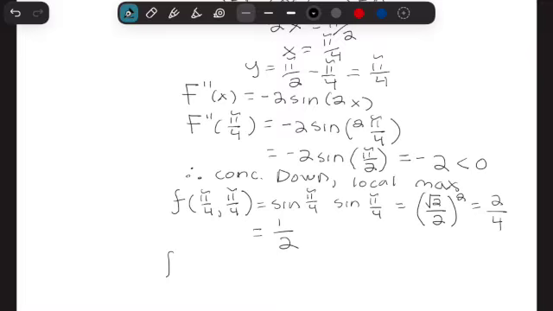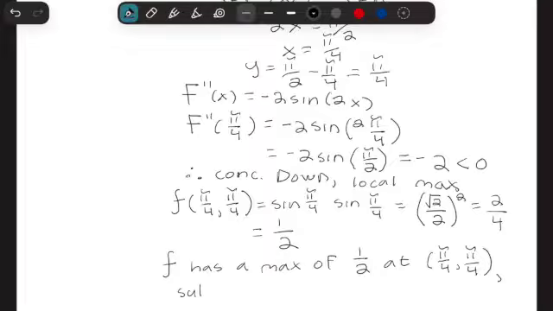So, f has a max of 1/2 at pi over 4, pi over 4, subject to the given constraint.